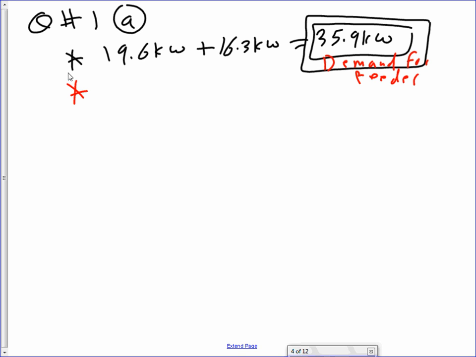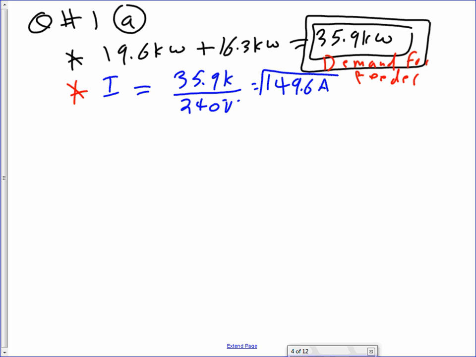Now, piece of cake, I need to find the current. The current equals 35.9 kW divided by 240 volts, and you are going to end up with 149.6 amps. This will be the size of your service that's coming to this building.